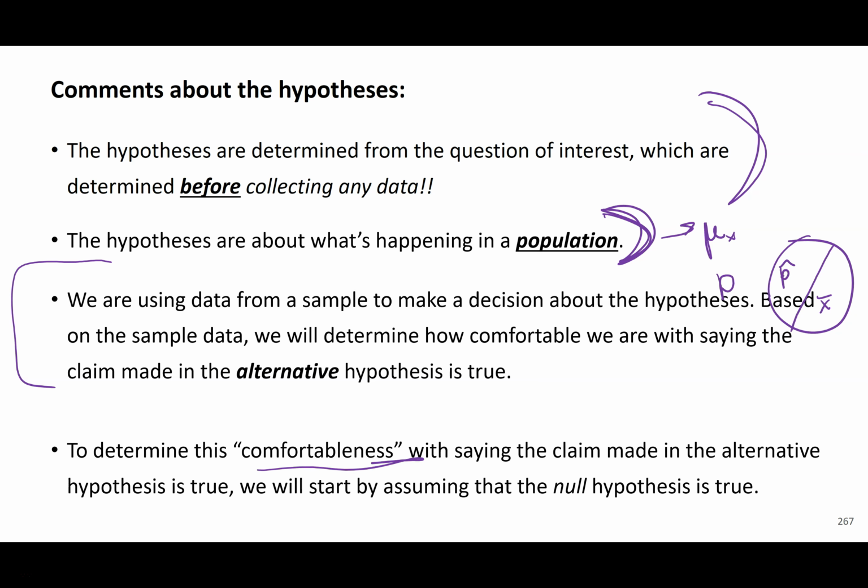Talking about this comfort, we need to start by assuming that the null is true and then reject it. Although note, we may not always get strong enough evidence to reject it. It's just more of a hopeful.